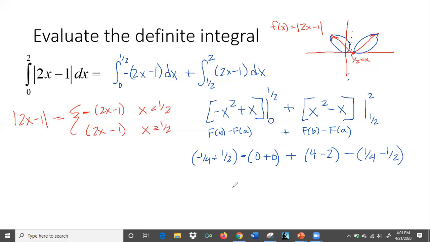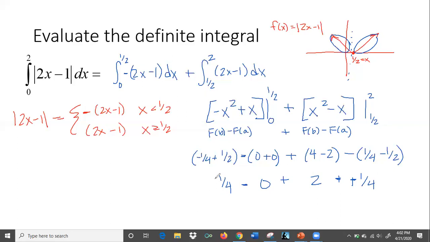Okay, once you simplify all of those things, in this piece we're left with 1/4. This is 0 plus 2, and then we're going to subtract negative 1/2. I'm sorry, negative 1/4. So it's plus and a positive there. What did I do wrong? 1/4, that's negative 1/4, that's right. 2.